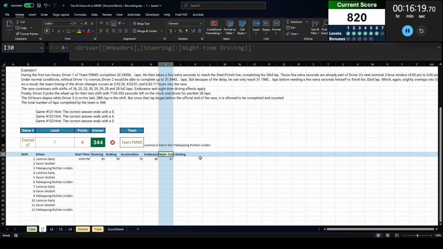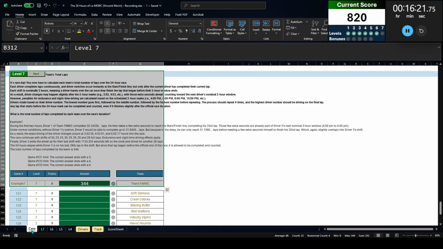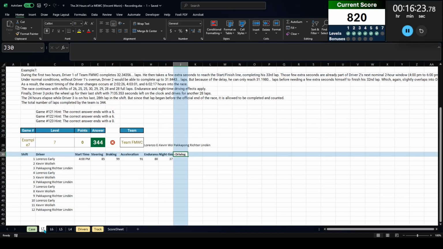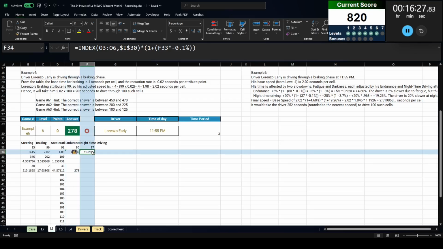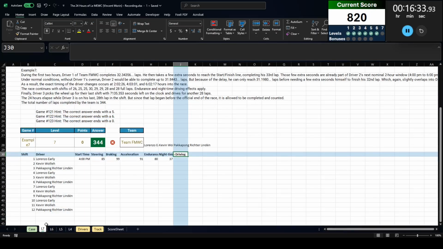There we go. And then we need to get the percentages, which are these 2 here. Oh no, we need to get the steering cell, braking cell, acceleration cell. Right. So let's do that and cell.